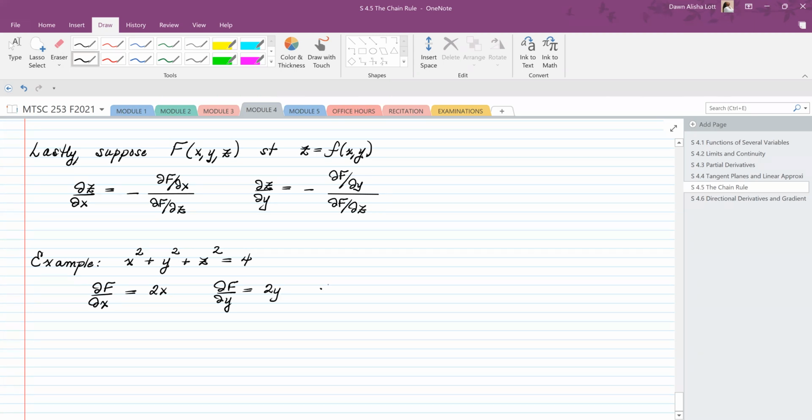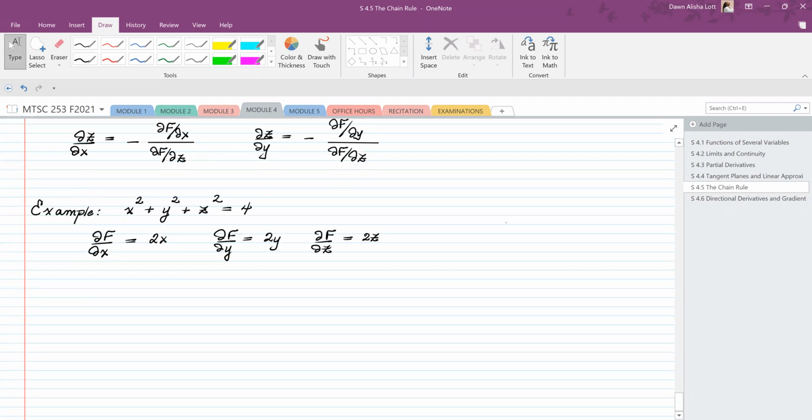And the partial of f with respect to z, that's 2z. So therefore, the partial of z with respect to x is minus 2x over 2z. So that's minus x over z without having to do the whole nasty problem.